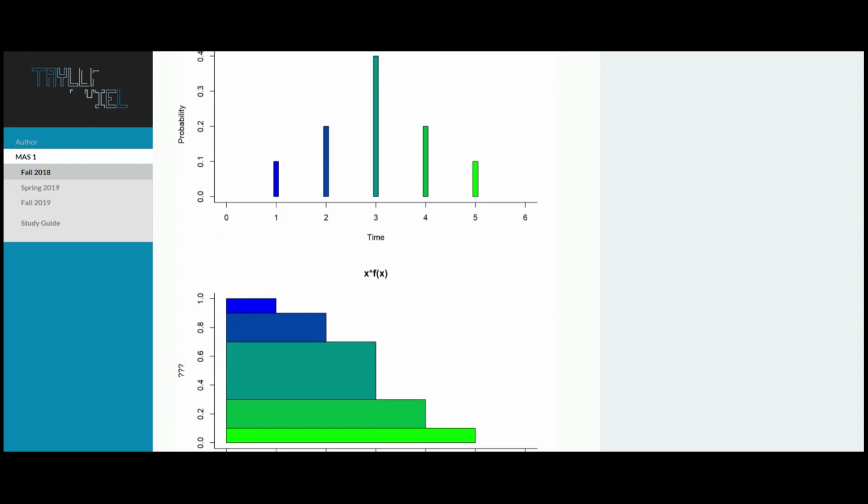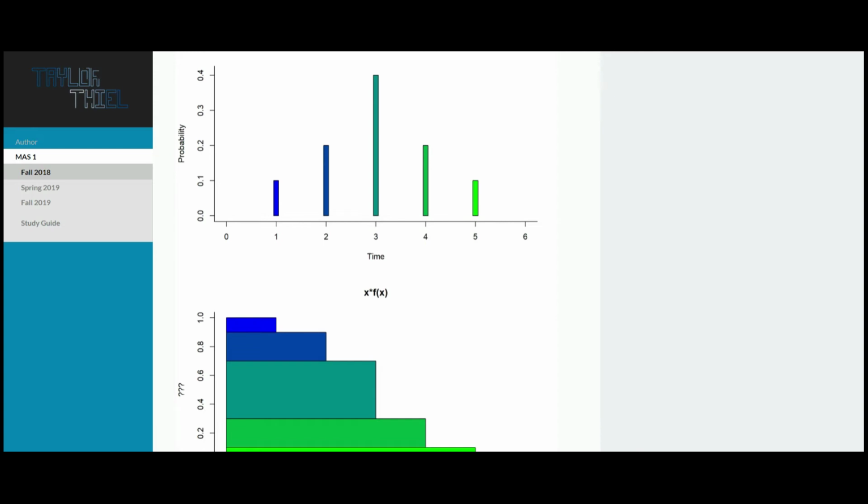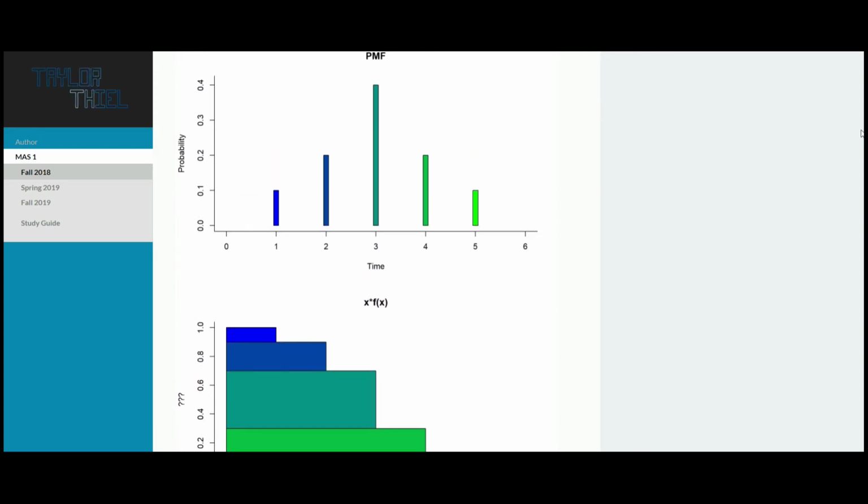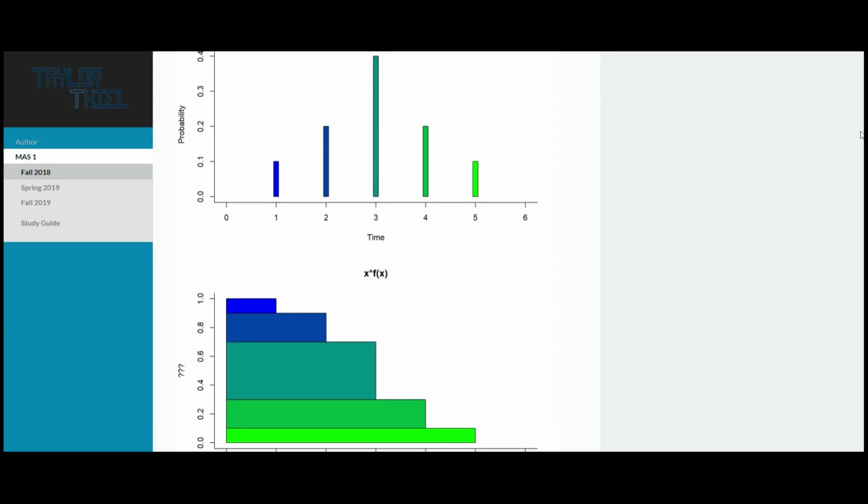I feel like my talking is probably more rambling than usefulness, but I feel like this visual does a good job of representing why the integral of x times f of x is equivalent to the integral of the survival function, because when you stack the bars as such, you just get out the survival function curve, and then obviously the area is just the sum of all these areas.